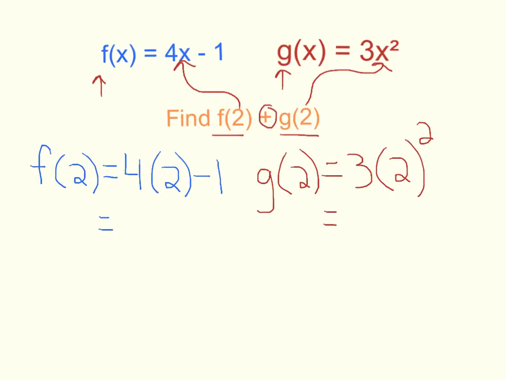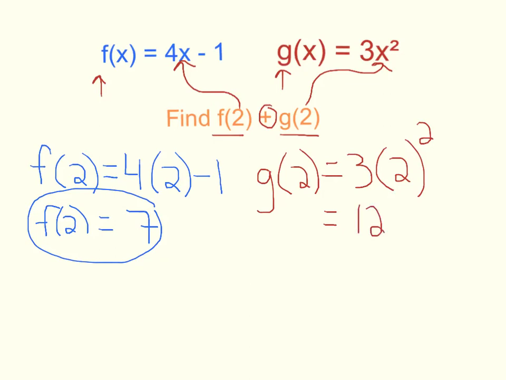So, plugging in 2 into the first function, I will have 4 times 2 minus 1, which 4 times 2 is 8, minus 1 is 7. So f of 2 equals 7. And then g of 2, plug in 2 for x, 2 squared is 4, and 4 times 3 is 12.